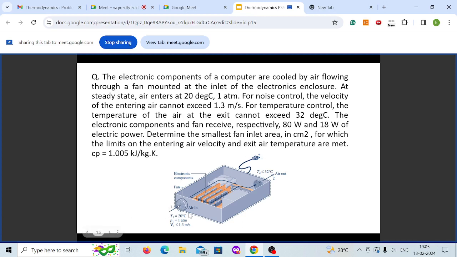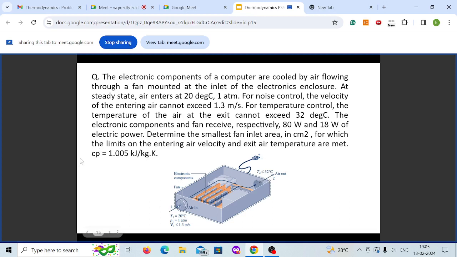So you need to find out the inlet area, or ultimately the mass of air. From there you need to find the area opening, because you know the velocity and the 32 degrees Celsius exit temperature have to be met.